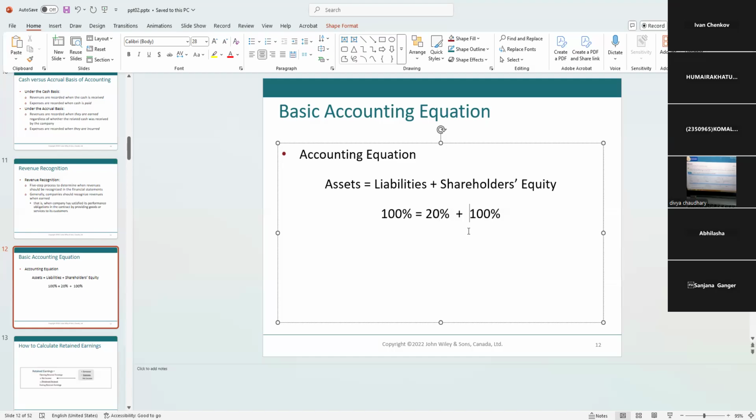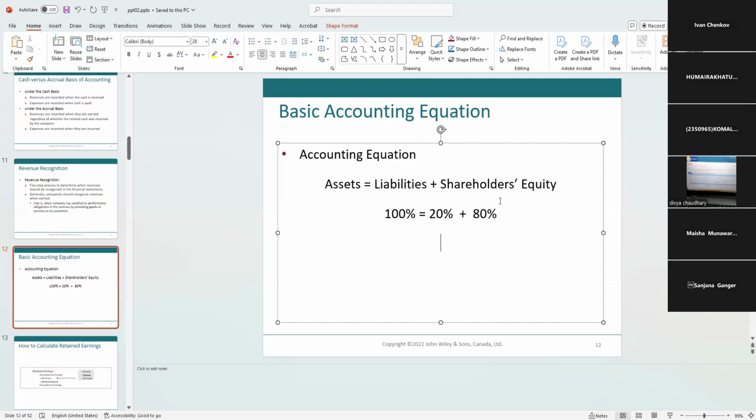What do you think? Once I start getting money from the creditors, my equity goes down in order to keep the equation in balance. Make sense? Yes, Professor.